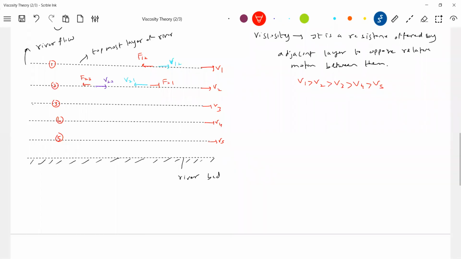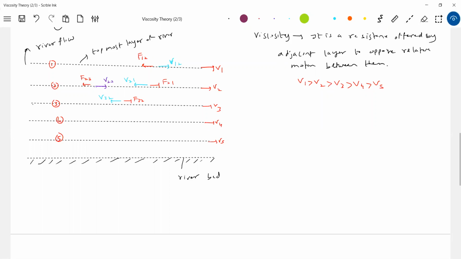V32, in what direction will it be? V32 will be in this direction. Like this we can go on. They exert force mutually to oppose relative motion between the layers.